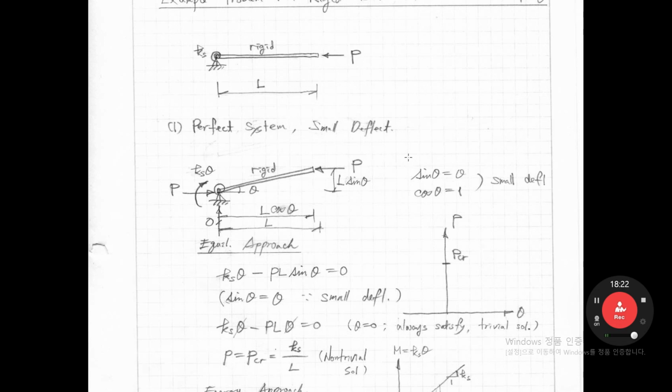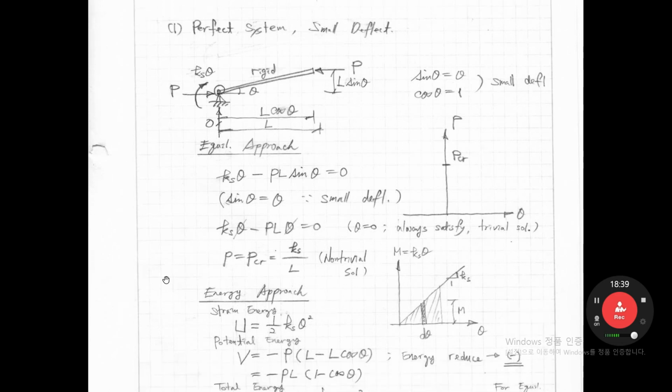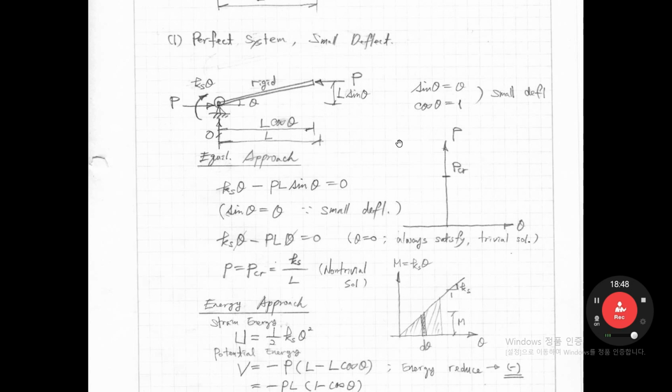So we are assuming a small deflection problem. So sine theta equals theta, right? Cosine theta equals 1, okay? We can use the equilibrium approach or the energy approach. I'll show the equilibrium approach first. If you take the equilibrium from this point, we have the moment here, Ks theta, right? And then we have the moment P L sine theta, right?